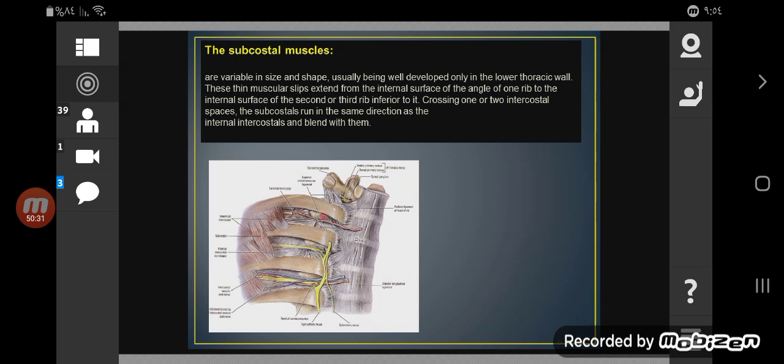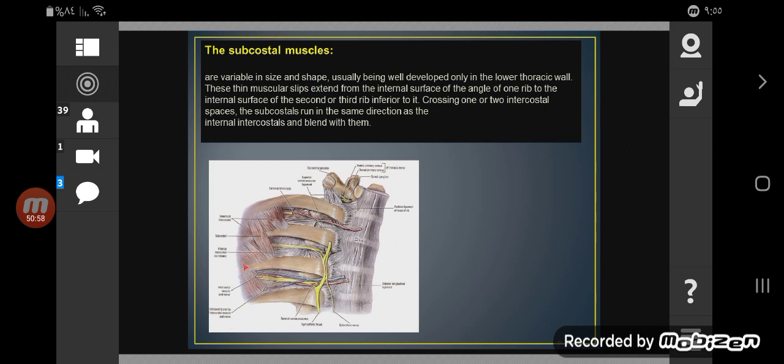This is the head of rib, neck of rib, and you can see at this point, you've got the muscular fibers with the same direction as the internal intercostal muscle. This is the innermost intercostal muscle.